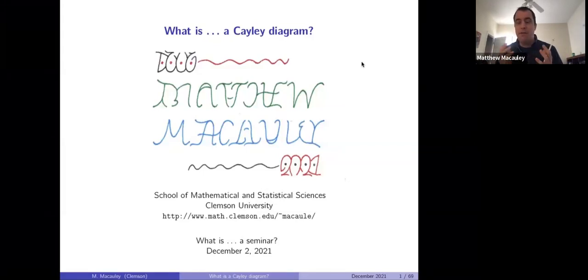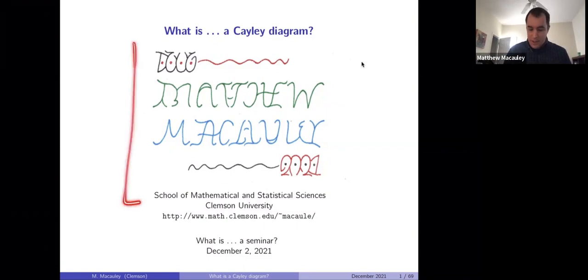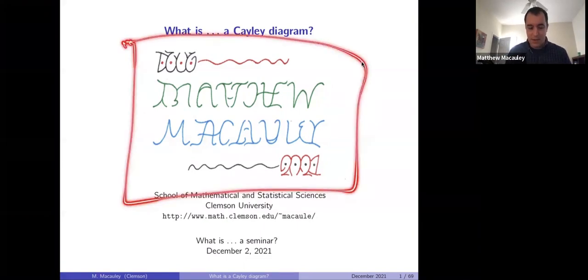Cayley diagrams are fundamental in geometric group theory, which is an area of mathematics where you study groups by looking at geometries or spaces that they act on nicely. So what I want to do is convince you without a doubt why every algebra class should use Cayley diagrams fundamentally. So this image is called an ambigram.